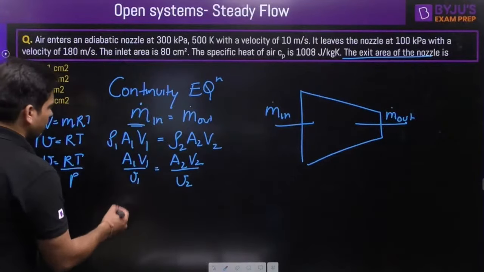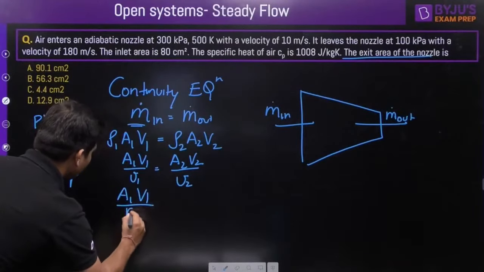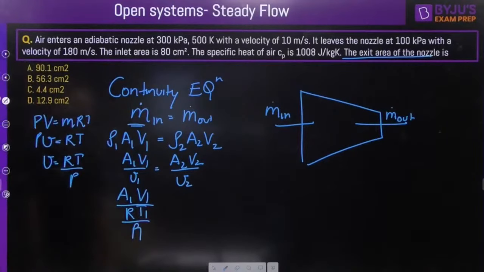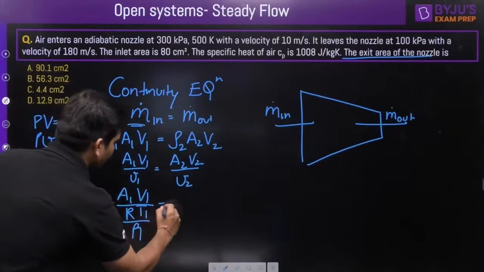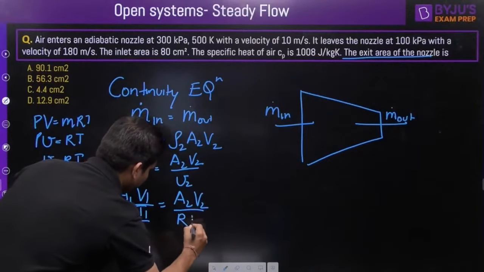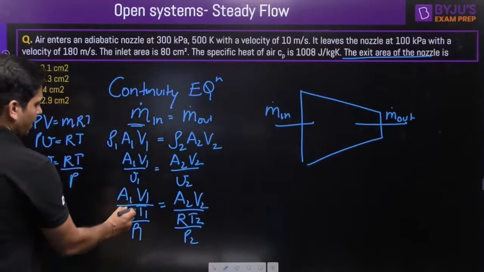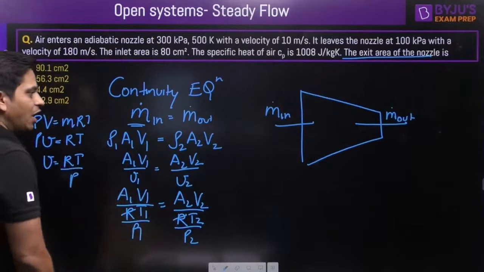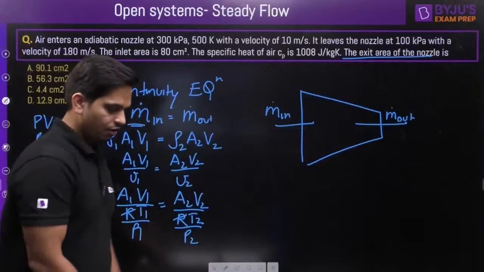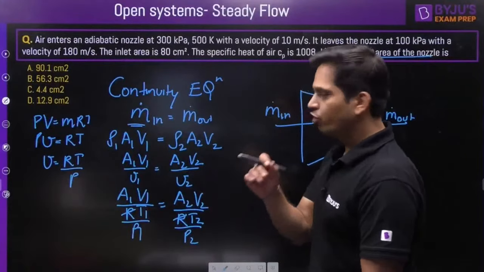So can I write A1 V1 upon R T1 by P1 equal to A2 V2 upon R T2 by P2? R and R will get cancelled, and now I think I have everything to calculate. Just check if your calculation is correct.